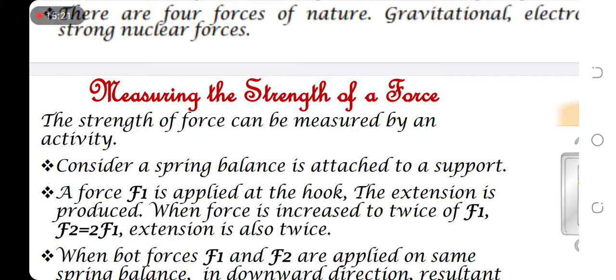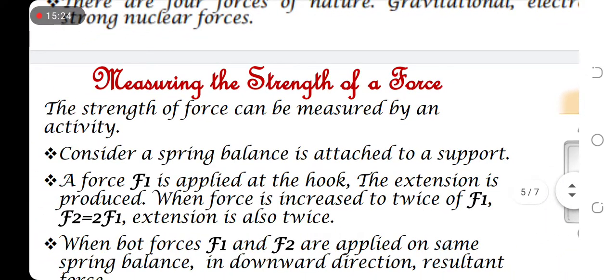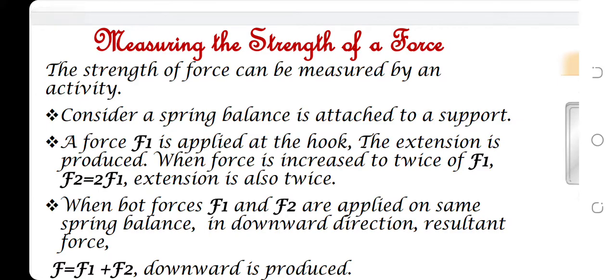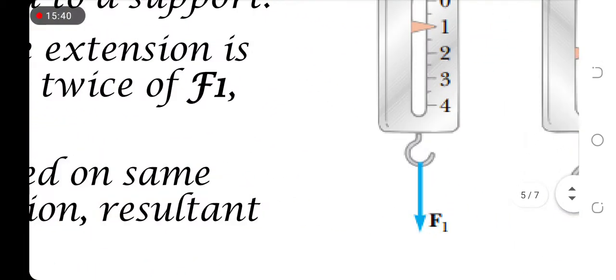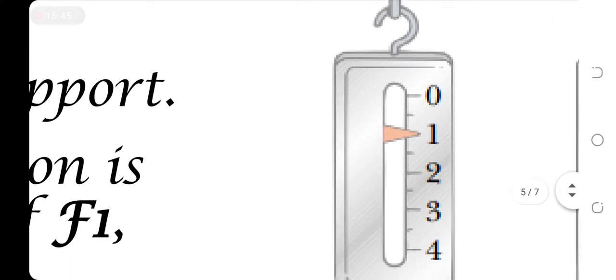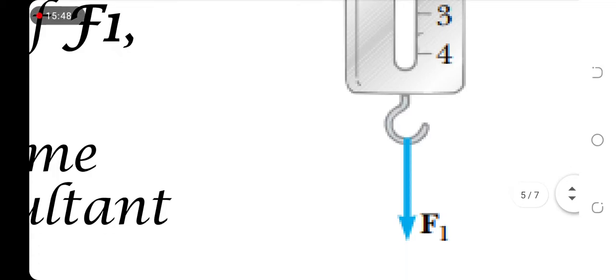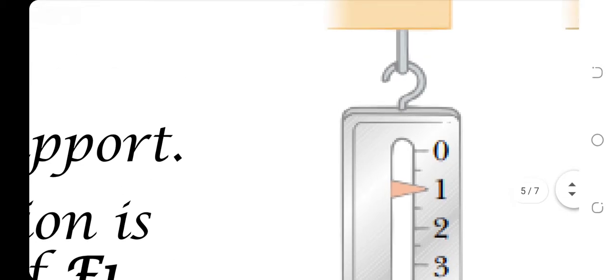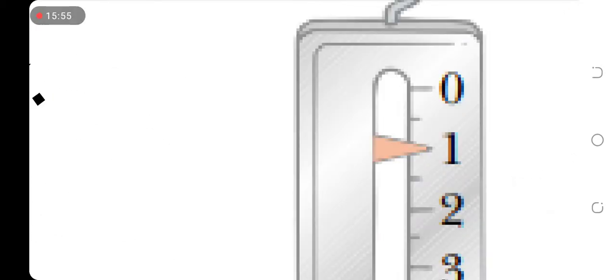Consider a spring balance attached to a support. The first case is when a force F1 is applied at the hook, an extension is produced, as we see from this spring. A spring is attached with the hook by a support. Force F1 is applied on the spring. We can see the reading on the scale that shows the extension.